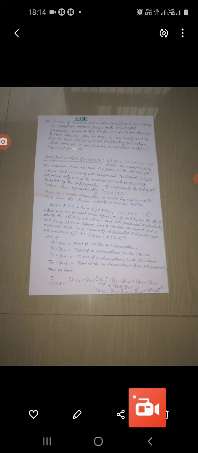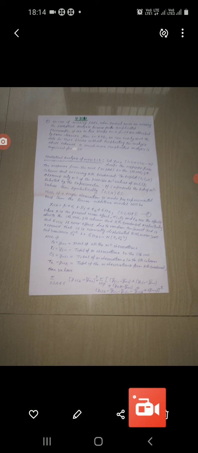Now if G, that is grand total, is equal to y triple dot, and this is equal to the total of all the m square observations, Ri is equal to yi double dot, which is the total of m observations in the ith row.